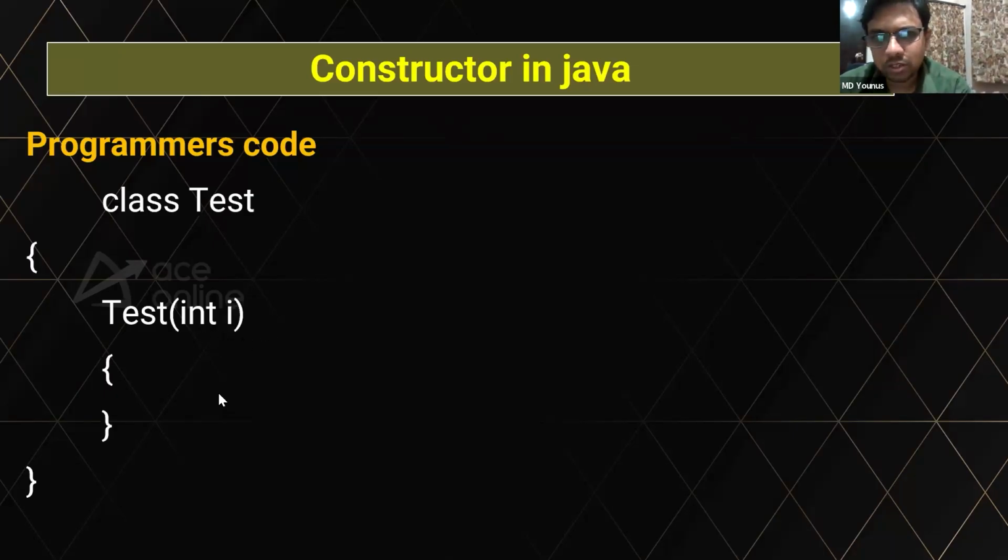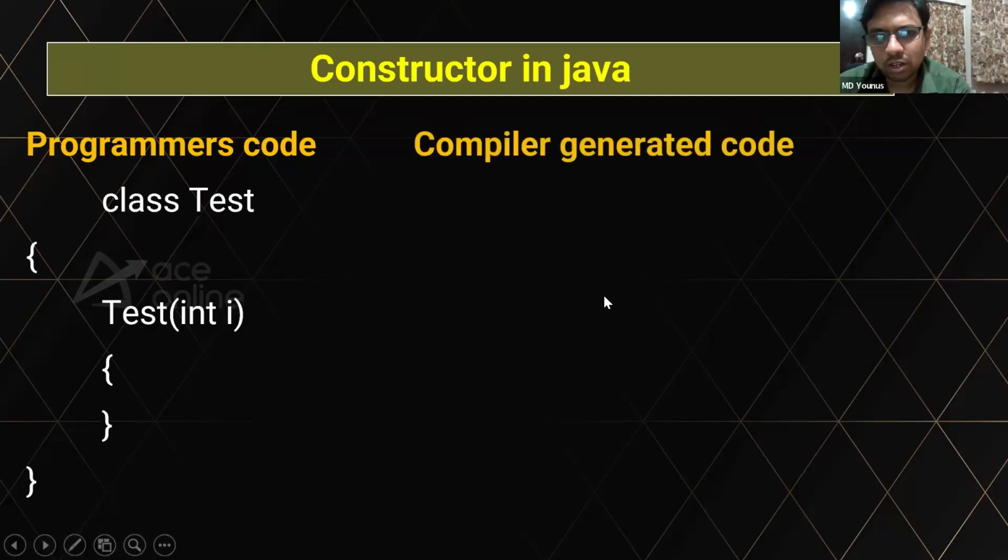Now the question is, does the compiler provide the constructor for us? Because I told you, the moment we provide the constructor, the compiler will not provide one. What is the only thing the compiler will add here? What is the only change you will find in this code?